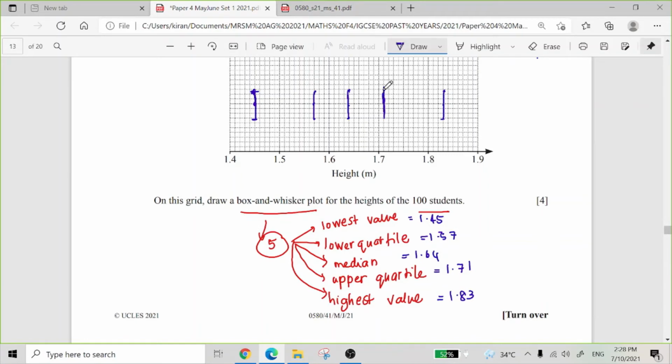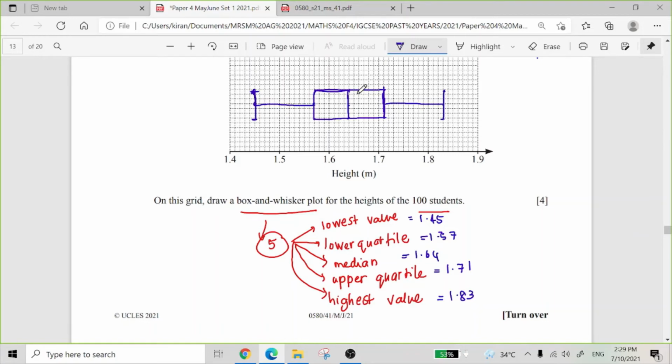Yes, that is 1.71. Make sure you use your ruler properly. Make a straight line. Sorry, this should be a straight line here. I didn't use my ruler just now.